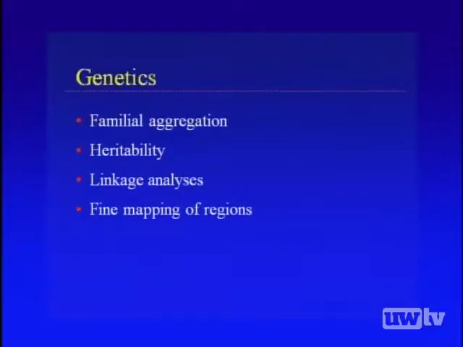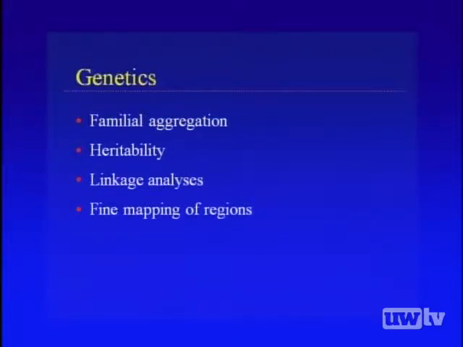Classically, genetics has focused on families, and basically you start with an observation that there's familial aggregation of a particular trait. You then try to determine, is the trait heritable? If the trait is heritable within the family, then it could be due to shared genes or shared environment or both.